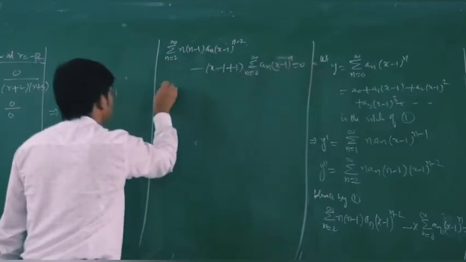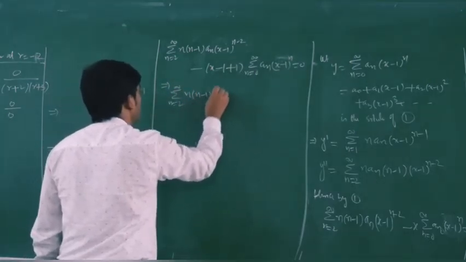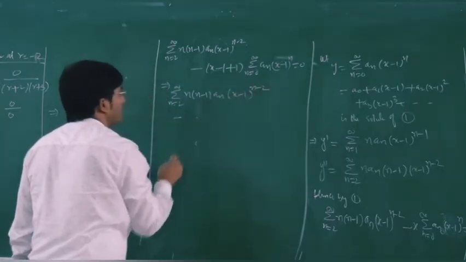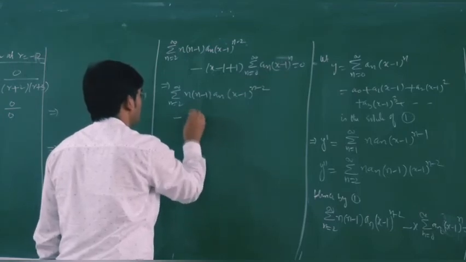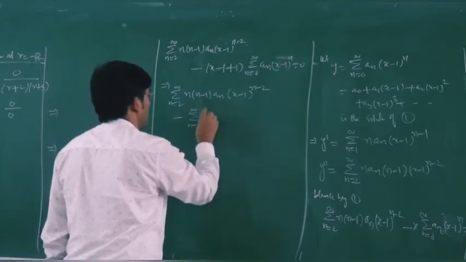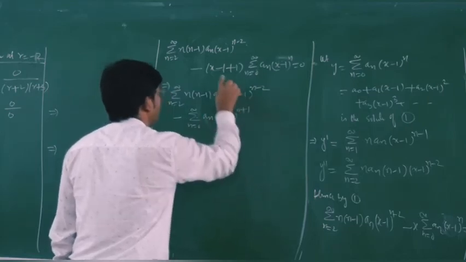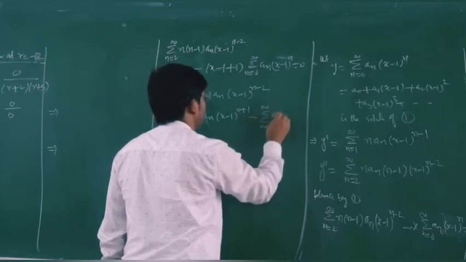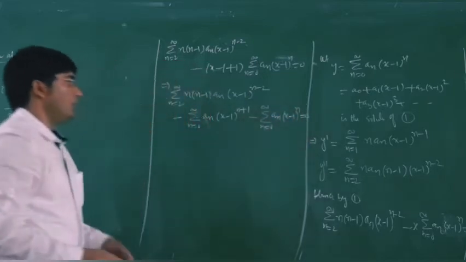So we can write it as summation n equal to 2 to infinity n(n minus 1) a_n (x minus 1) power n minus 2, then minus summation with this power as n plus 1, and then minus 1 into this term, equal to 0.